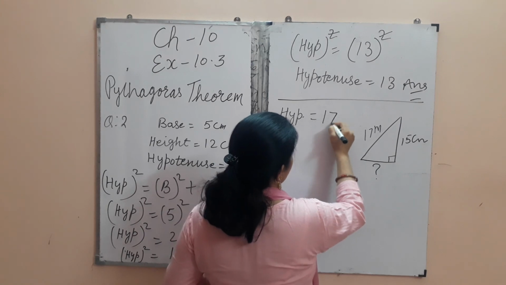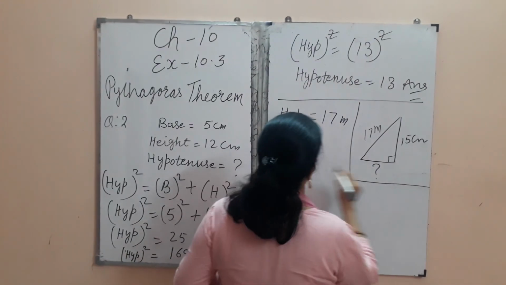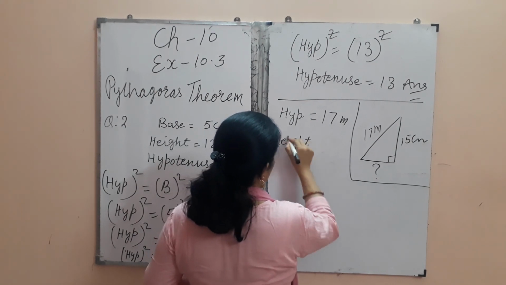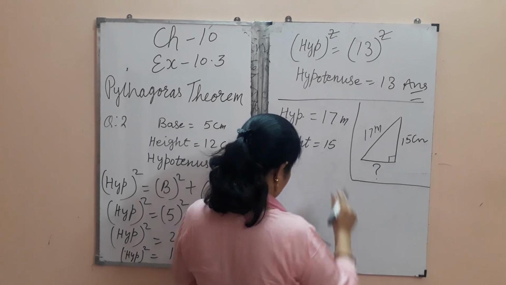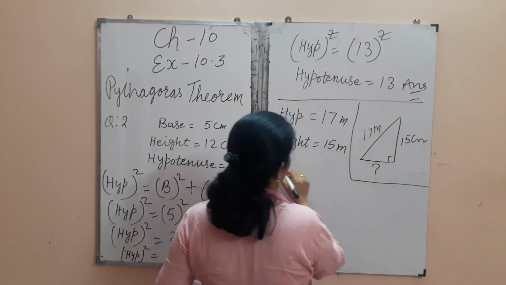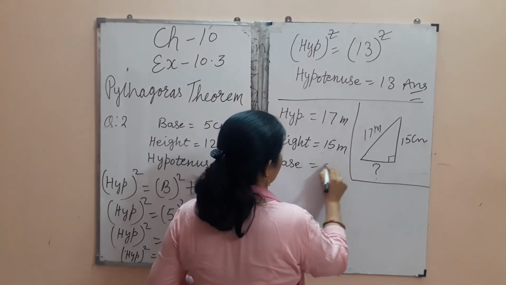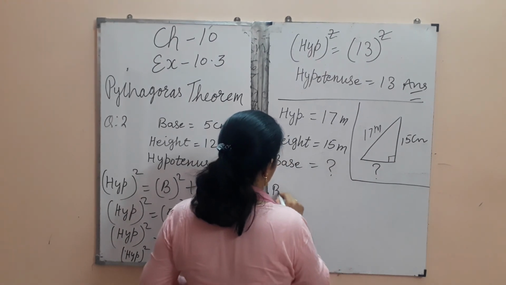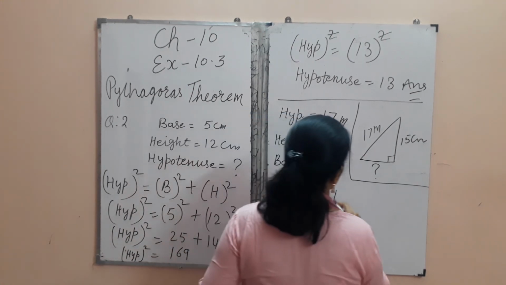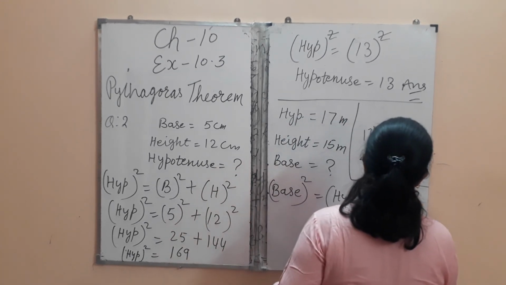Hypotenuse is 17 meter. Height is equal to 15 meter, and base we have to find out. So base square equals hypotenuse square minus height square.